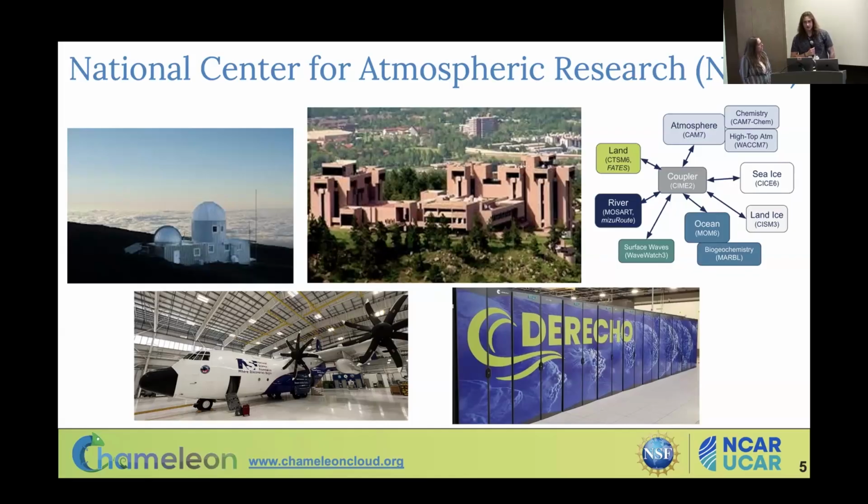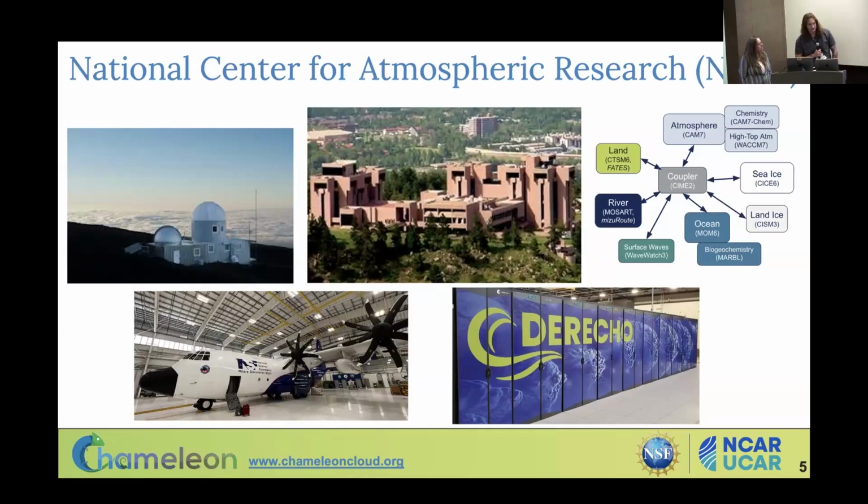But generally, our exports as NCAR are weather and climate modeling. We have CESM, which is our Community Earth System Model that couples a lot of smaller models for land, river, ocean, all of that kind of stuff. We have the WRF model, which is our Weather Research and Forecasting model.